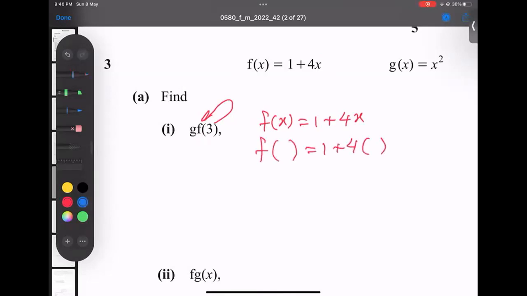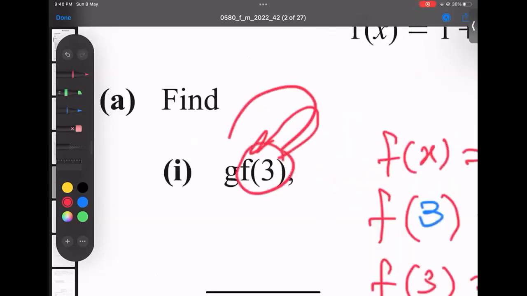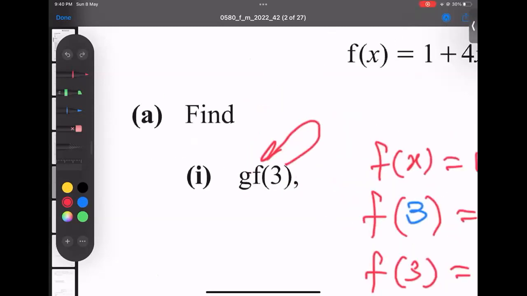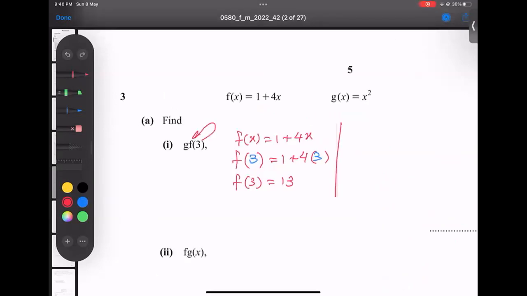Now I'm going to plug in this 3 here and here. So on the left hand side f is 3 as it is, and 3 plus 3 squared, 12 plus 1, 13. Half the job is over, half left. Why half left? Put f of 3 fully in g. So first of all, copy g, which is x squared.